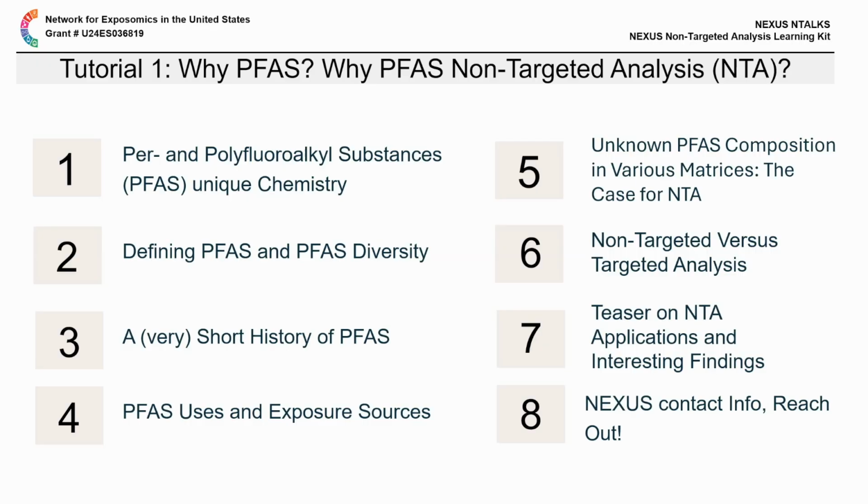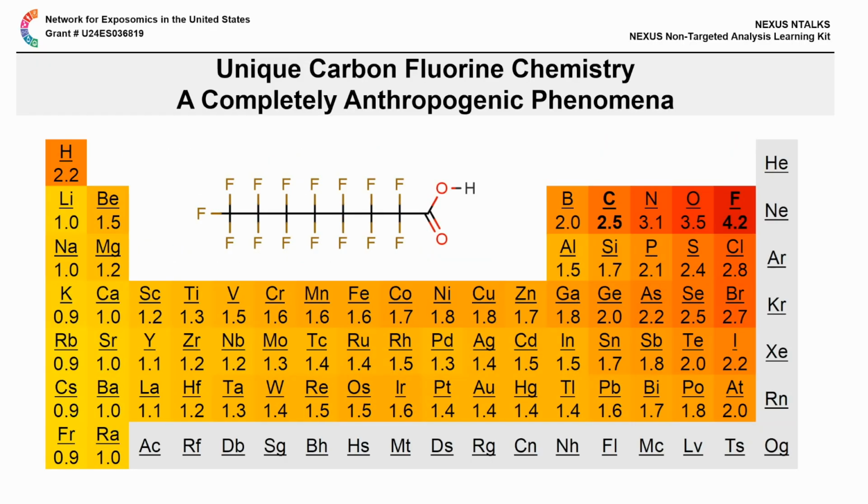Following that, we'll discuss the differences between targeted and non-targeted analysis, with targeted being the conventional approach, showing the advantages and disadvantages of both. Finally, we'll give a teaser on non-targeted analysis applications and interesting findings that will then be followed up in our next tutorial videos. So first, let's go into the unique carbon-fluorine chemistry.